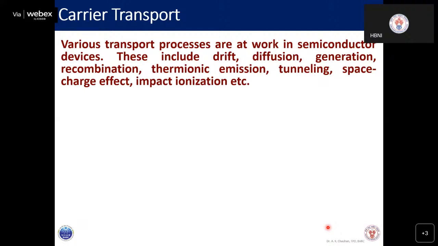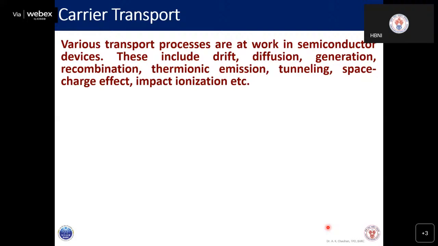Now, we have seen different kinds of semiconductor materials. Now, how do carriers move inside a semiconductor? Carriers can be electrons or holes. Since we understand electrons easily, mostly I will say electron, but it is equally applicable to holes also. Various transport processes take place in a semiconductor.